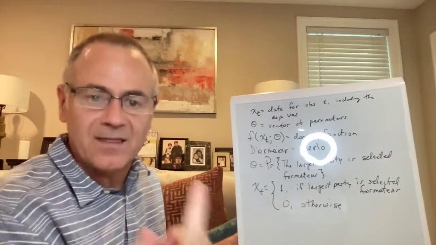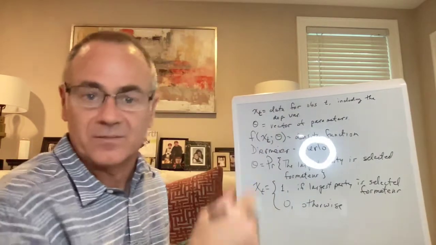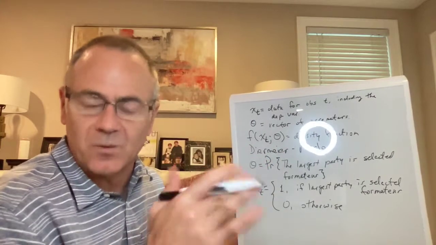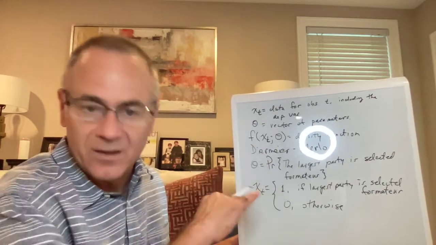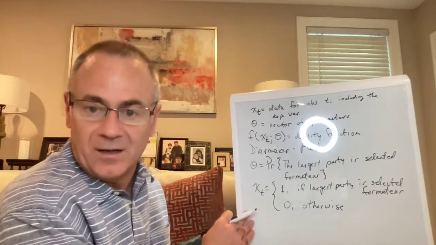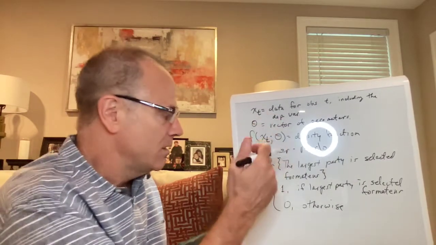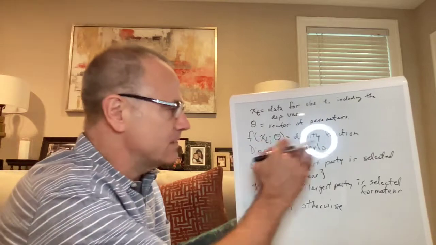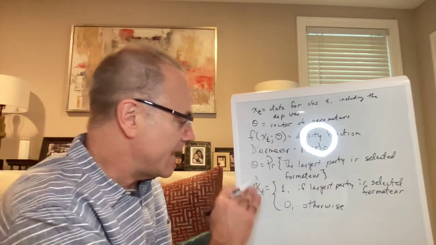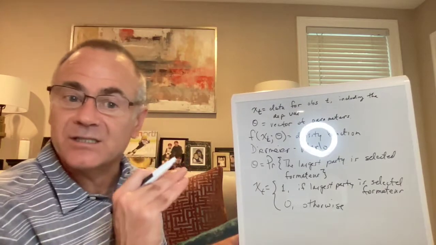For the t-th observation, it could be a vector with a number of elements. I said the first of the elements will be the dependent variable, let's say, and the rest of them will be independent variables. In this very simple special case of the Diermeier-Merlo model, x of t is just a scalar.